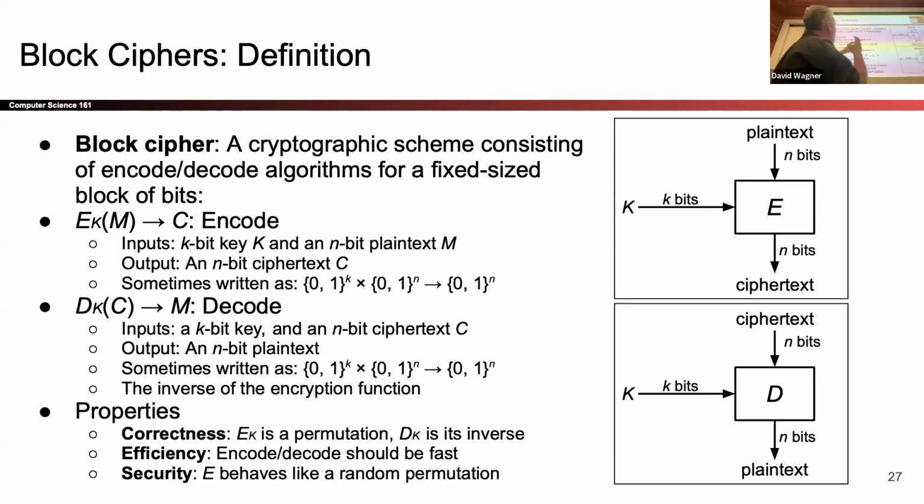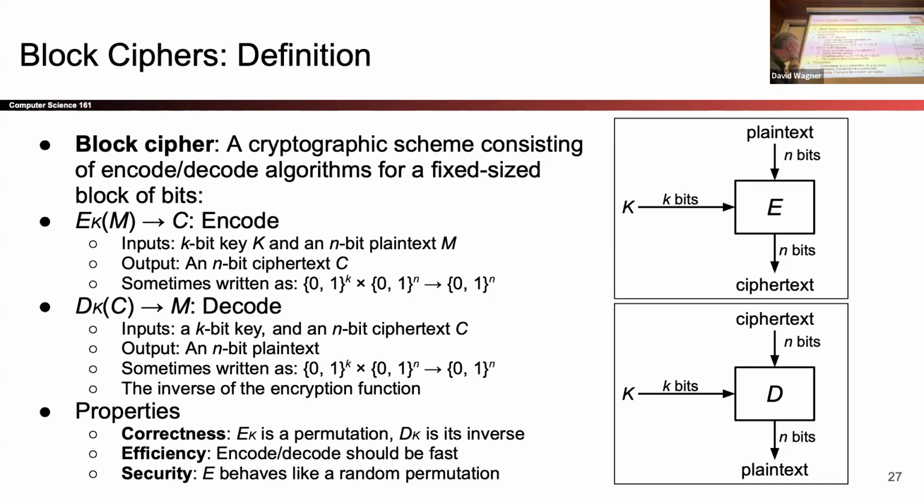And a block cipher is an algorithm that describes how to compute these two functions. And the properties we want from that algorithm are that the encode operation, if you focus on a particular key, the mapping from plaintext to ciphertext needs to be a permutation so that it can be reversed, and that the decode operation is the inverse, is the undoing.